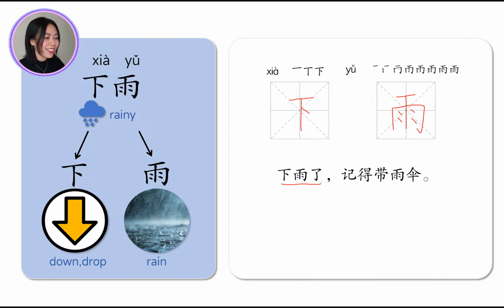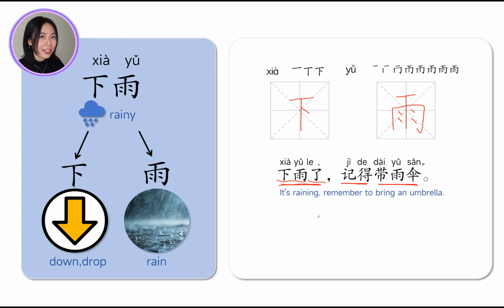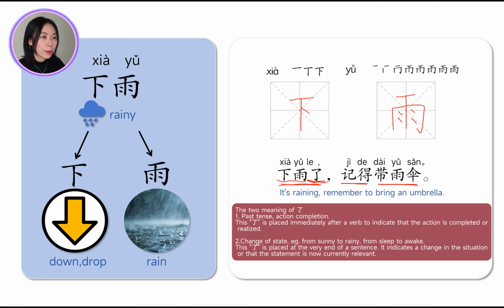下雨了，记得带雨伞。下雨 It's rainy. 下雨了 which means it's raining. It's a state. Now is raining. The 了 can represent past tense and a state.